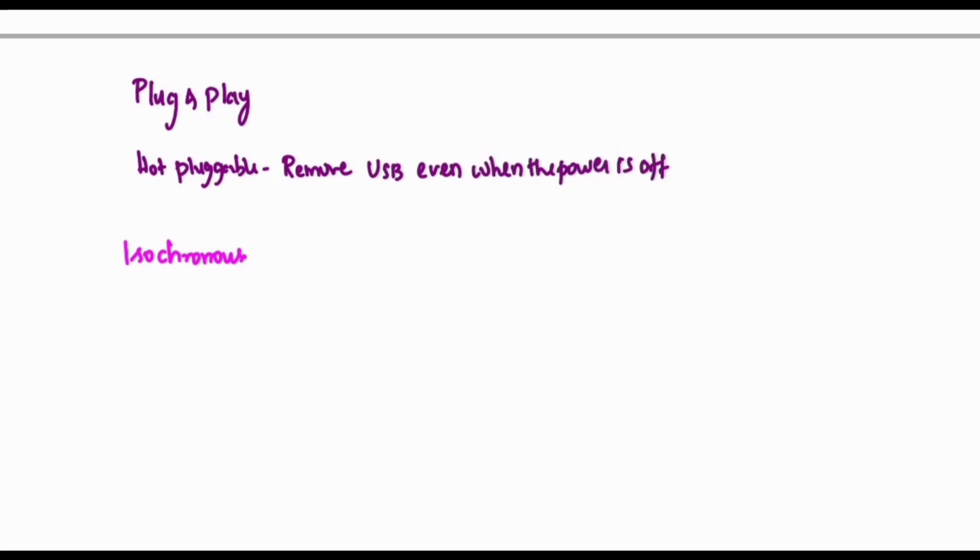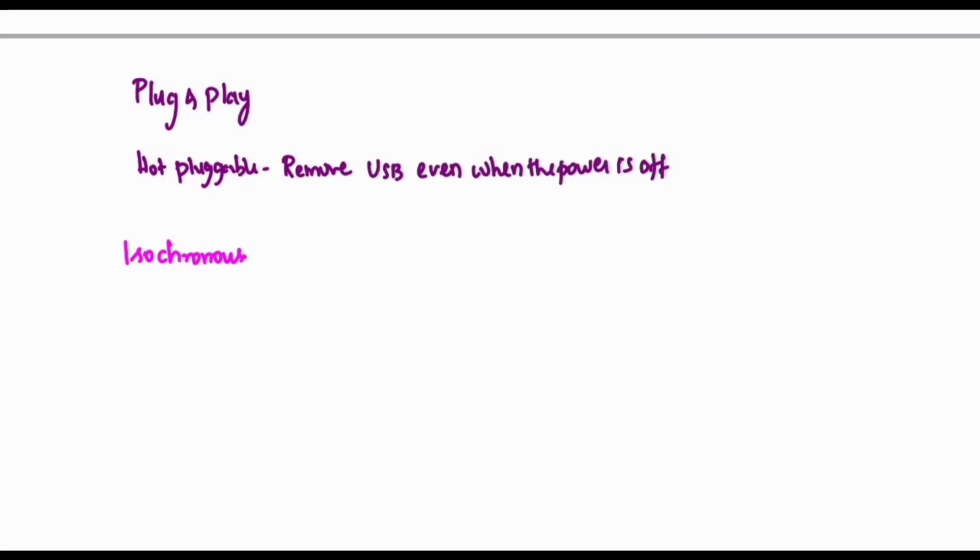This USB will operate in plug and play mode. Whenever something is plugged into the USB hub, the operating system should have software, that is a device driver, that should know what device is connected, by storing the address in the address registers.